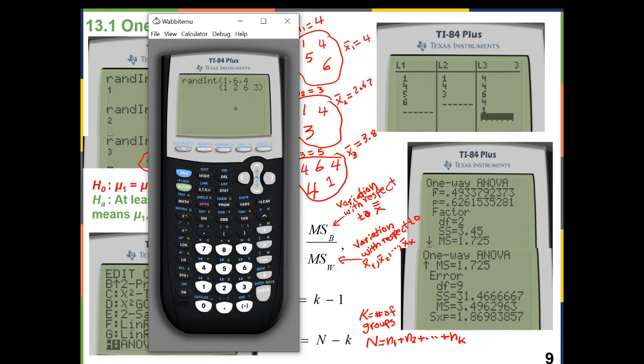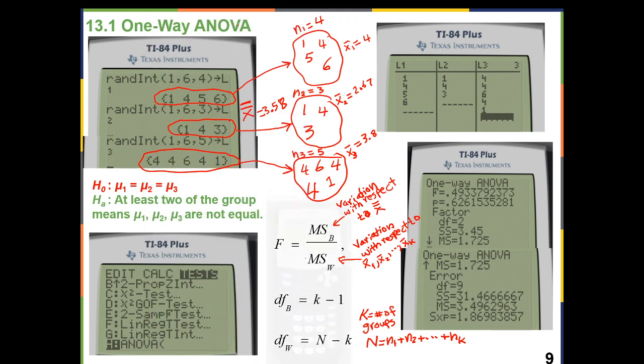And I pick 4 numbers. Obviously I'm going to get different numbers, right? Because they're random. So this is what I did. And so obviously these come from the same population. They come from the population of integers from 1 to 6 randomly, and I picked the samples randomly. So they satisfy the conditions of one-way ANOVA.